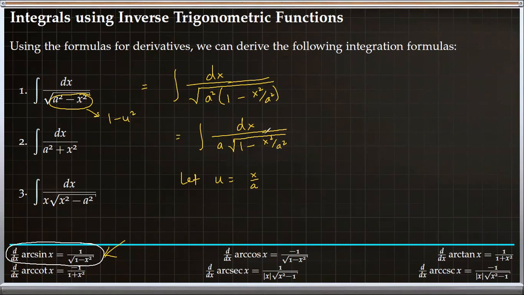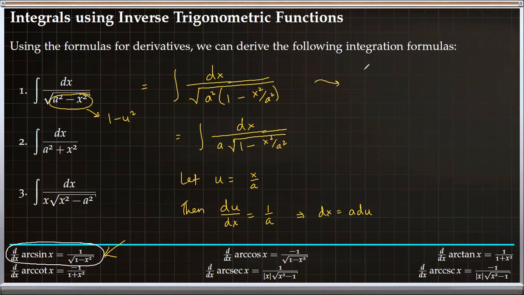Now we want to write the whole integral in terms of u. Then we get du by dx equals 1 over a, and this implies dx equals a du. So now we are ready to write the integral in terms of u.